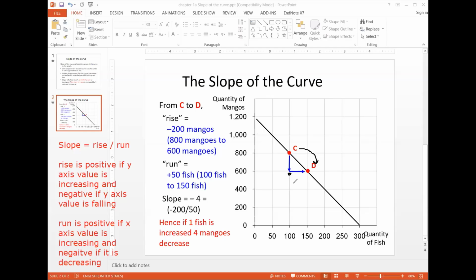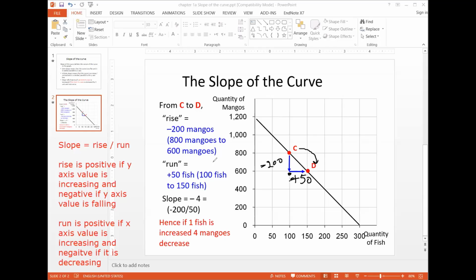So I will write it here, plus 50 when you are moving from this point to this point. But when you're going down, it is minus 200.